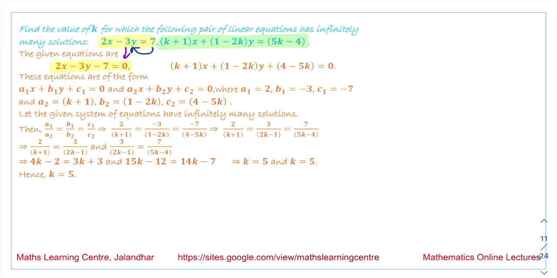Similarly, in this equation, when we move this term over here, the equation changes to this form. Now what we have, this is the value of a1, this is b1, this is c1, this is a2, this is b2, and this is c2.